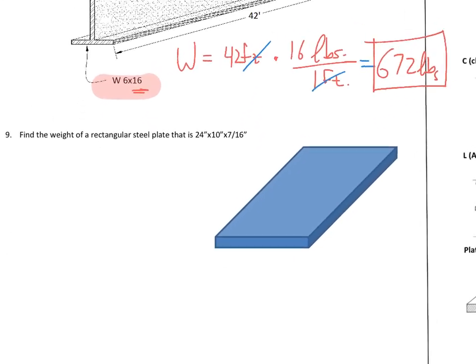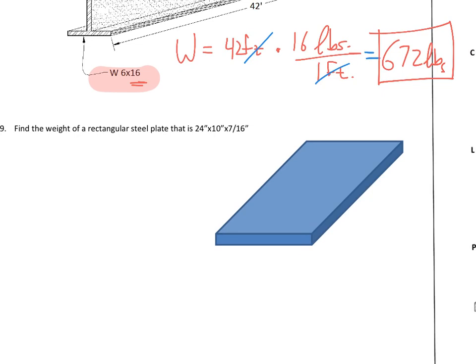Now, what about this plate here? Okay, so we've got a rectangular steel plate. Well, these are dimensions here. It's 24 by 10 inches, and it's 7/16 inch thick.